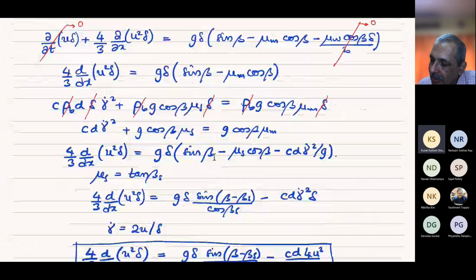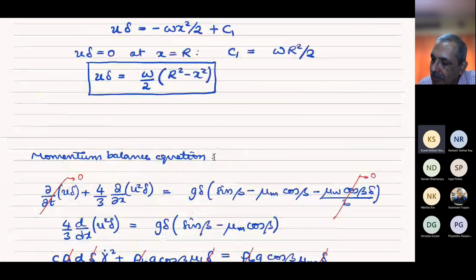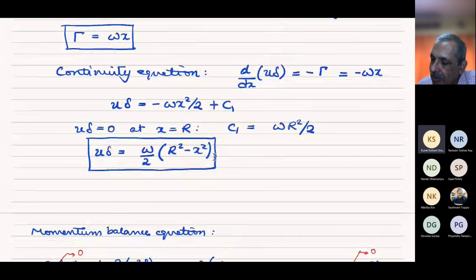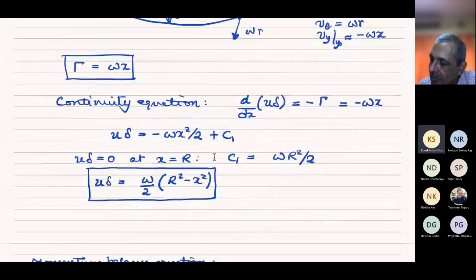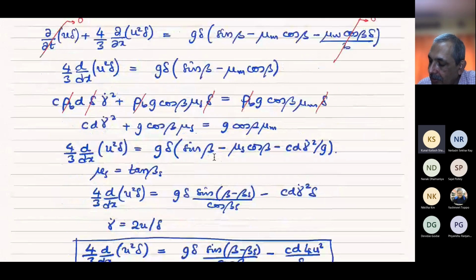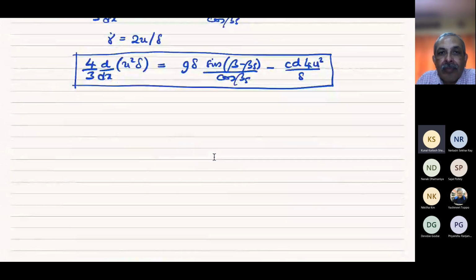Now I know from my continuity equation what u delta is, and I know what d by dx of u delta is. So what I'll do is I'll expand this a little bit, and I can write this as 4 by 3.